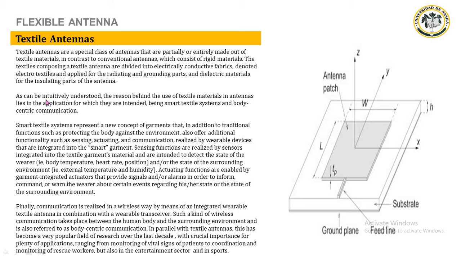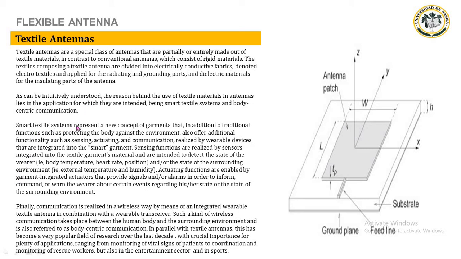It can be intuitively understood that the reason behind the use of textile materials in antennas lies in the application for which they are intended, being smart textile systems and body-centric communication.